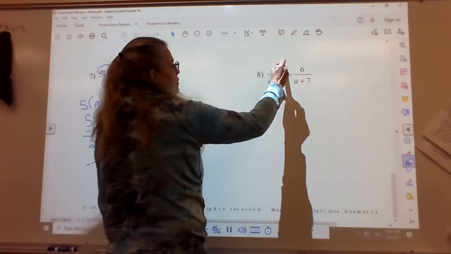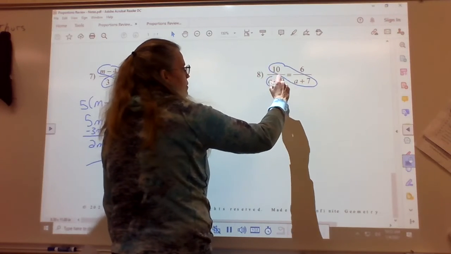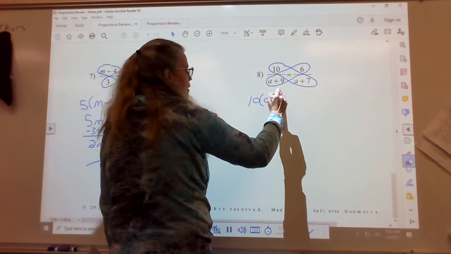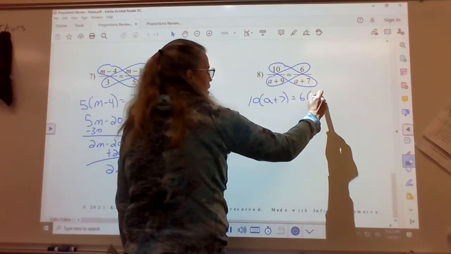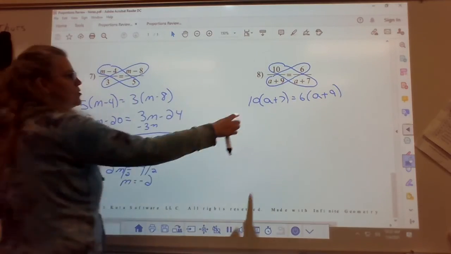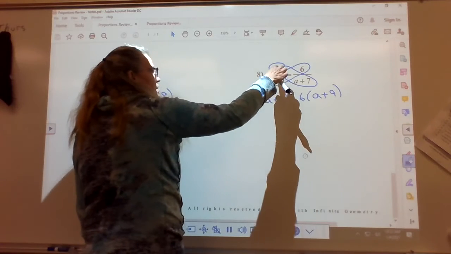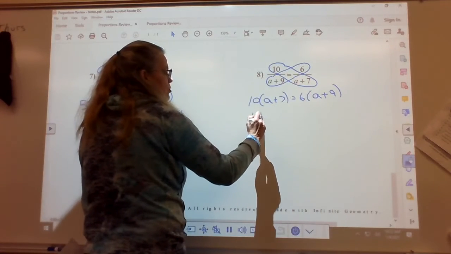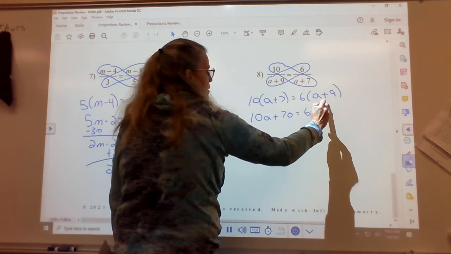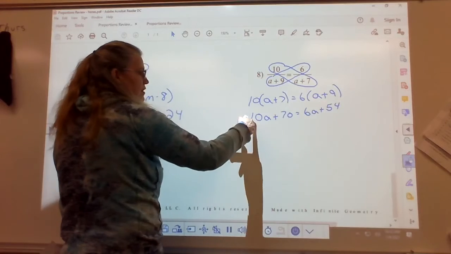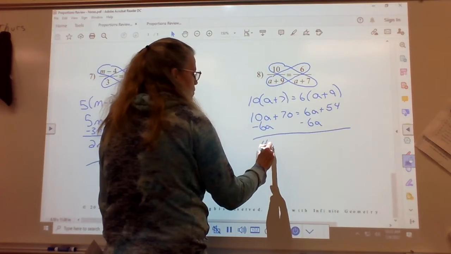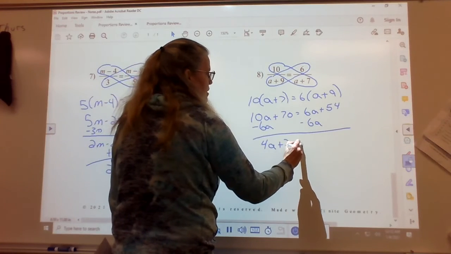And then the last one. Multiply your diagonals. 10 times a plus 7, 6 times a plus 9. Don't forget those parentheses because I've got to show that the 6 gets multiplied to all of this. The 10 gets multiplied to all of this. Distribute the 10. Distribute the 6. Move the 6a over. So 4a plus 70 equals 54.